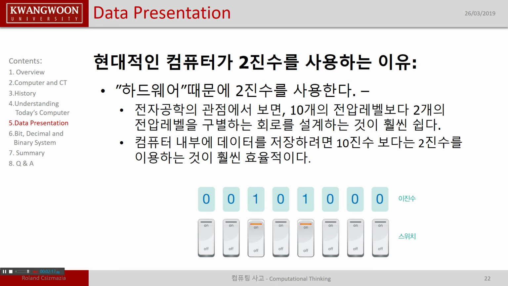Only 2 states are available, 1 and 0, so you don't need much more energy to switch to 3 and 4 and 5 and so on, let's say from 0 to 9, right?